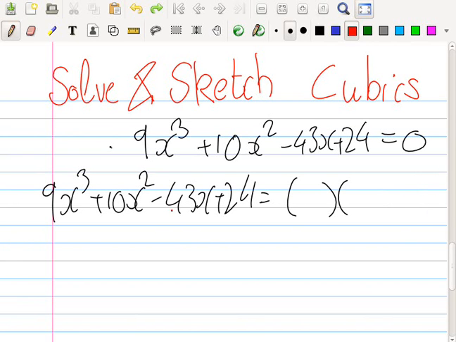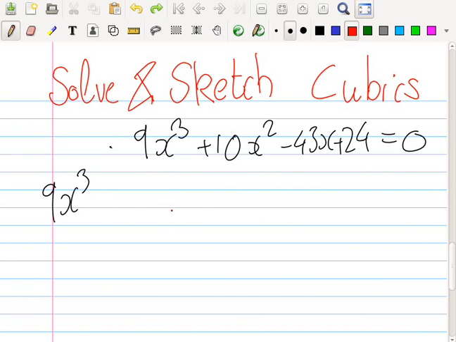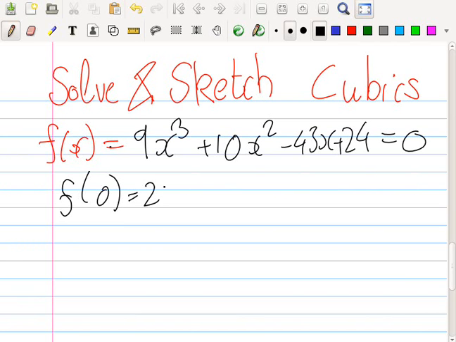Okay, so I'll just take this away for the moment. Let me call this cubic f for the moment. f(x) equals. So what does f of 0 equal? That would be 24. What does f of 1 equal? Can somebody type that in? That'd be 19 plus 24, 30, minus 10?